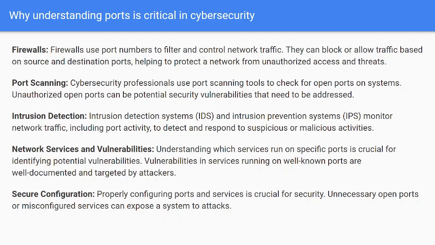On the internet you can see information about well-known ports, like port 80, port 443, ports between 0 and 1023, and the vulnerabilities that have to do with them. A lot of attackers will just look through the documents and then plan an attack.